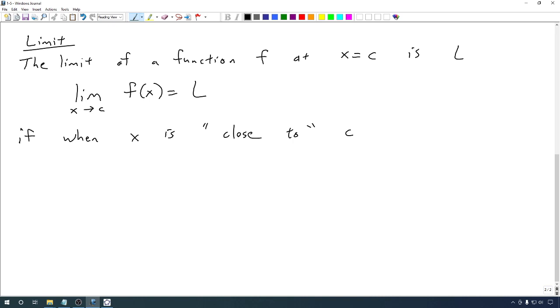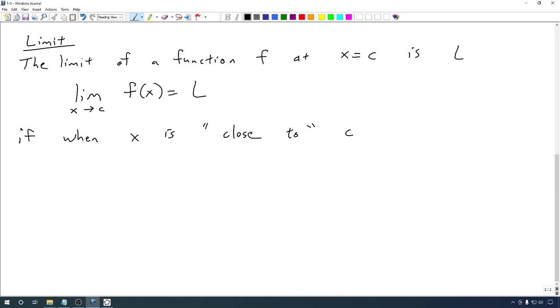This is not a formal definition. The formal definition for what a limit is actually is a fairly complicated thing. The book, I don't think, ever talks about it. It doesn't talk about it now, at least. I don't know if it ever comes back to the idea, but I doubt it. If you want a more formal definition, you might want to look up something like the epsilon-delta definition.